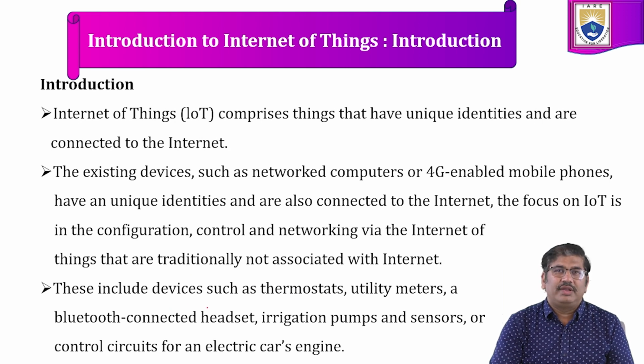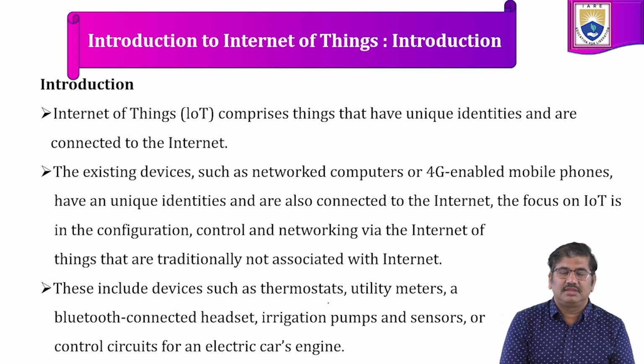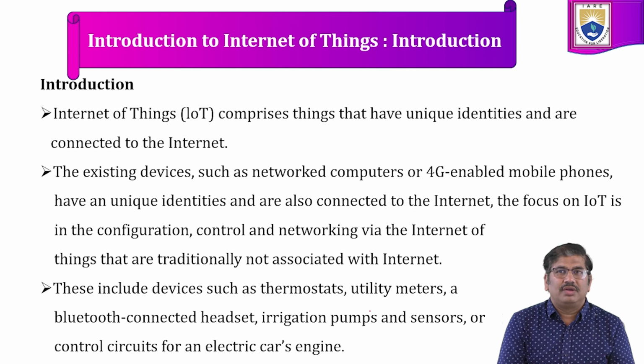These include devices such as thermostats, utility meters, a Bluetooth connected headset, irrigation pumps, and sensors or control circuits for an electric car engine.